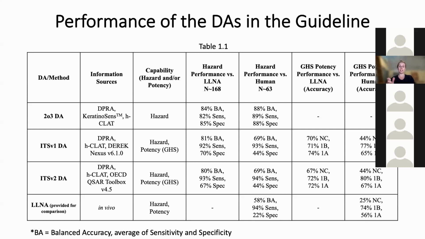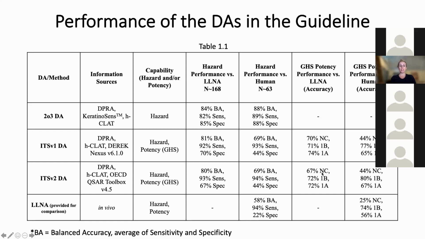There are slight differences by one or two chemicals in each of these comparisons just based on the availability of the input data, but they're all pretty close to these numbers in terms of their basis for comparison. And so you can see if you're just comparing to the animal reference test, we get robust performance of each of the three defined approaches against the LLNA reference data, both for hazard and for potency prediction.